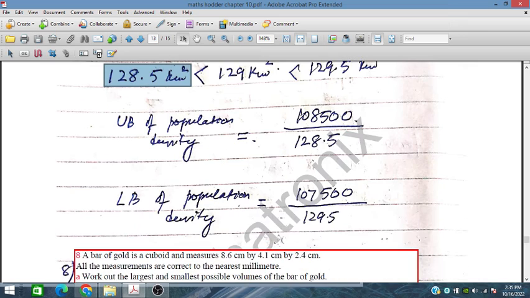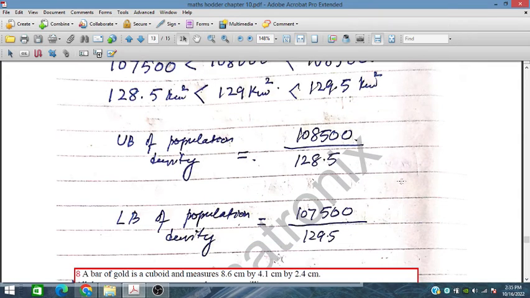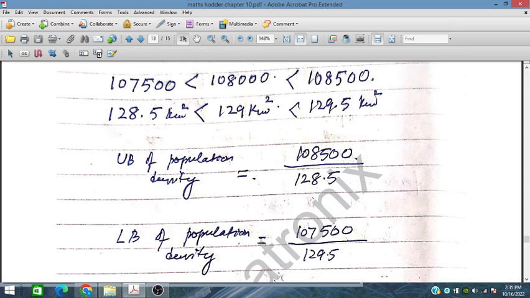For the lower bound of the population density, similarly, the area is higher and the population is less.